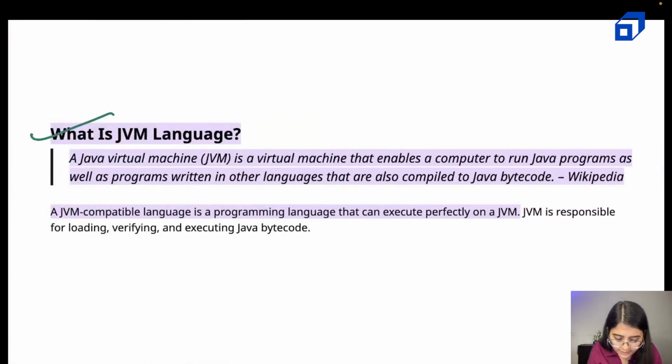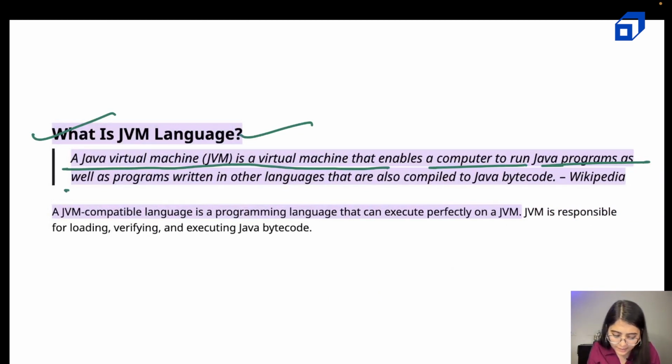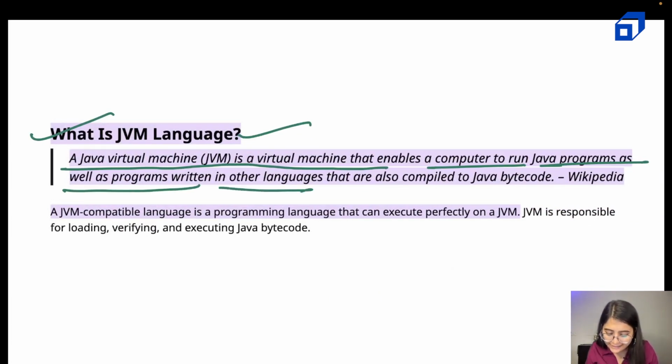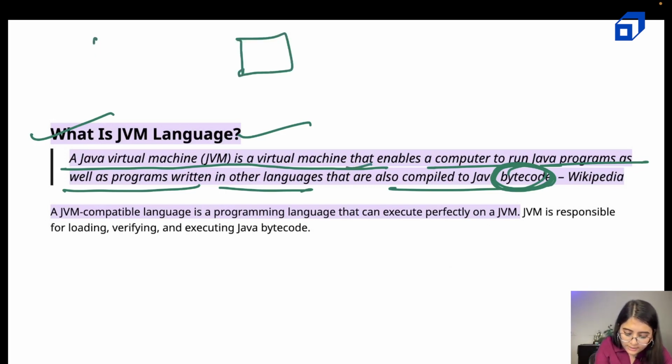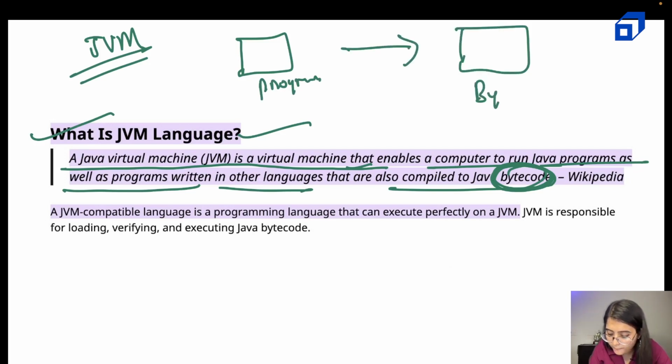Okay, so what is a JVM language? Java Virtual Machine is a virtual machine which enables a computer to run Java programs as well as other programs written in any other language which can compile to bytecode. Okay, which can compile to bytecode. So basically JVM is a machine which can run any program that is compiled into bytecode.